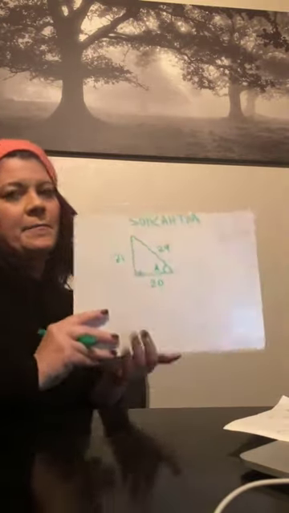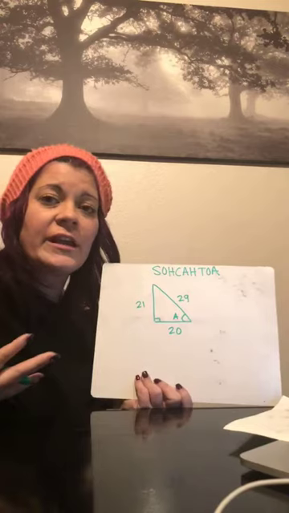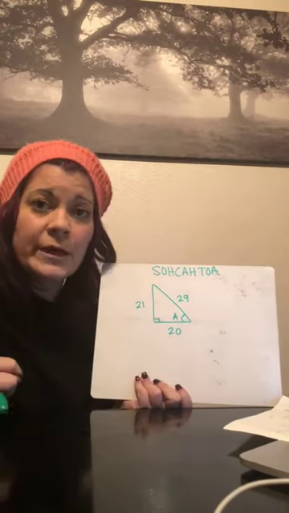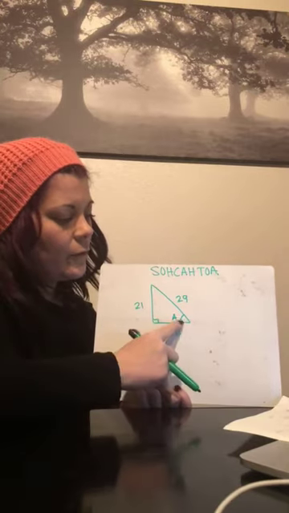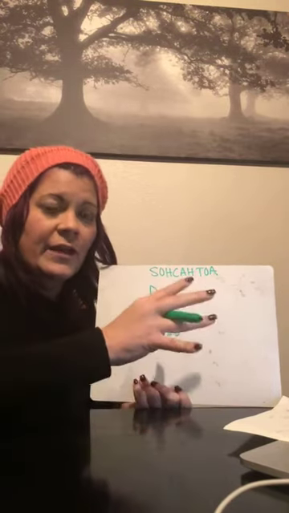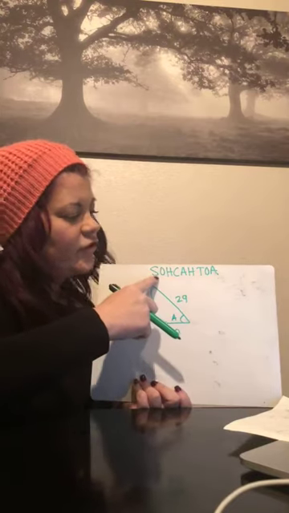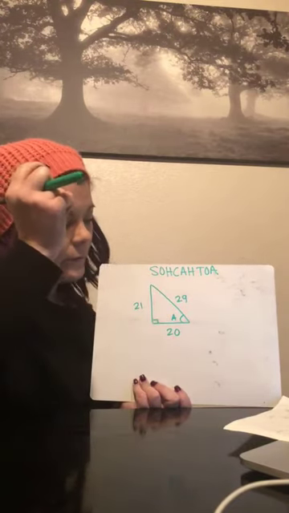So for example, if I have a right triangle and I've been given the sides, and I have the angle A, I'm going to identify sine, cosine, and tangent from the vantage point of angle A. So for sine, opposite over hypotenuse.